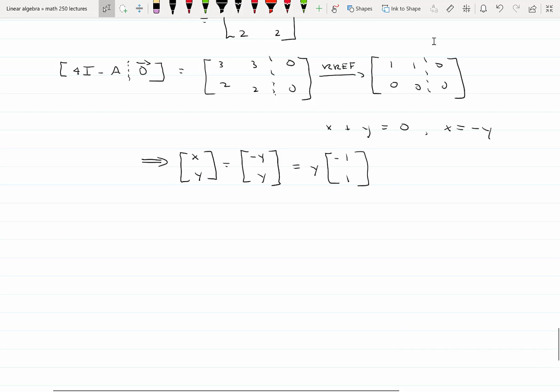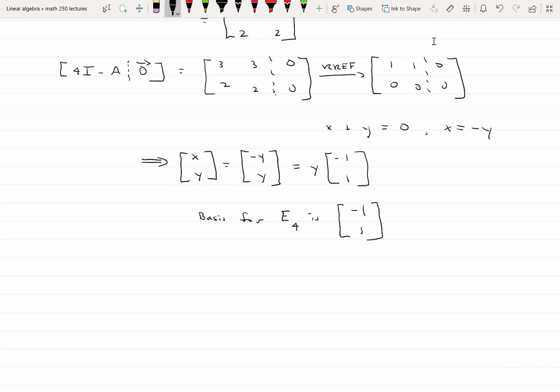Okay, so that tells me that the basis for the eigenspace of the eigenvalue 4, that's E sub 4, is -1 and 1. If you want to think back, how do we form a basis?